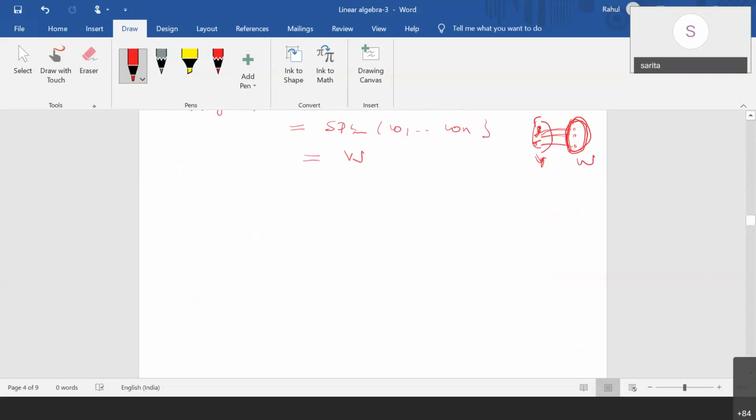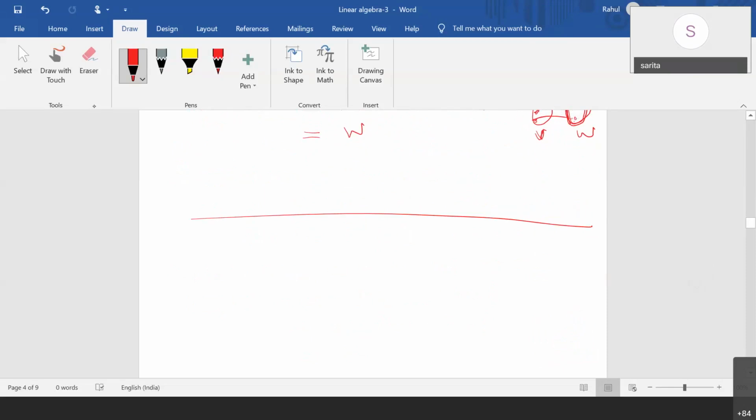Next class, I'm taking more examples. There is one more small thing I have to do, which is about the matrix representation using non-standard basis. It was not clear, non-standard basis, right?